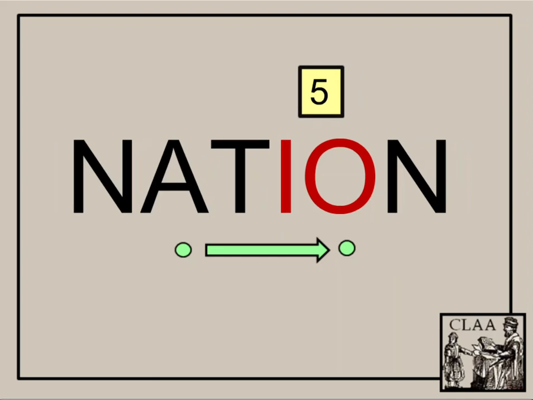Look carefully at this English word. You can see that it has the digraph I-O, and after the digraph I-O, we have a final consonant N. This digraph I-O will be pronounced with the sound uh.